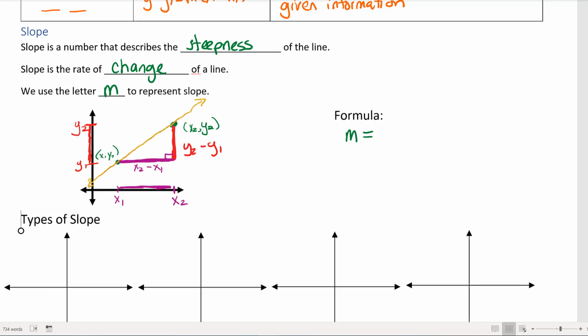So when I'm thinking about slope, slope is a measure of how steep the line is. So we can say that slope is change of y over change in x. That little delta, triangle, is the Greek letter delta, for change.